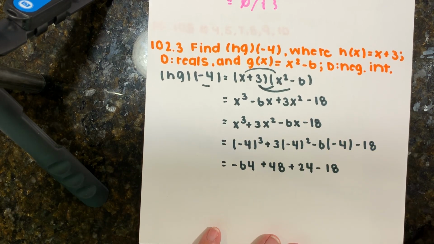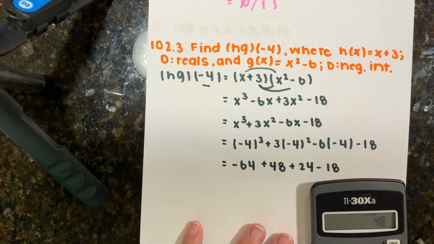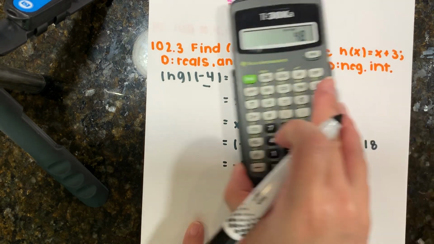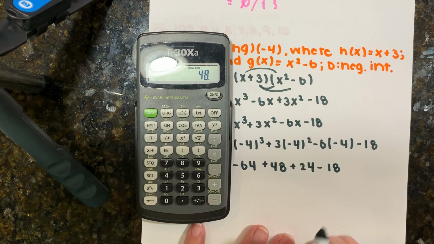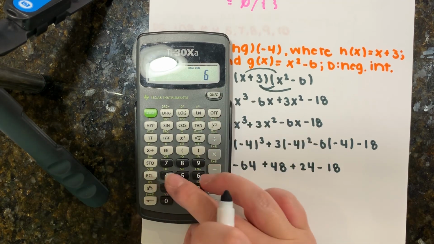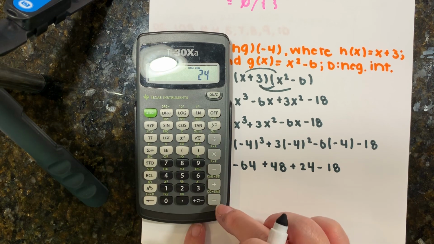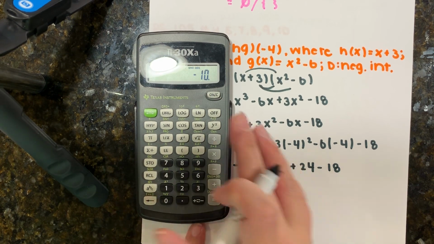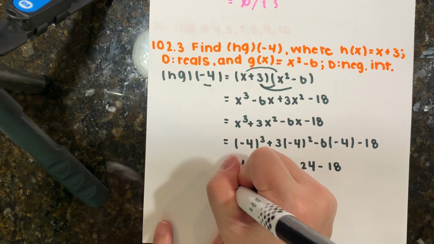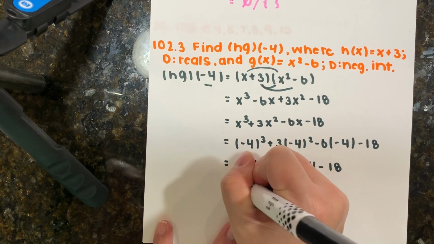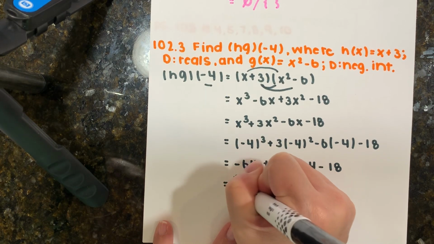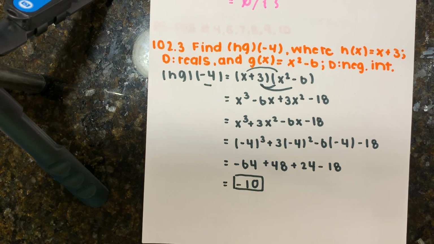So all I need to do is go through and add those together. -64 plus 48 plus 24, then minus 18. Your result is -10. And that would be your answer.